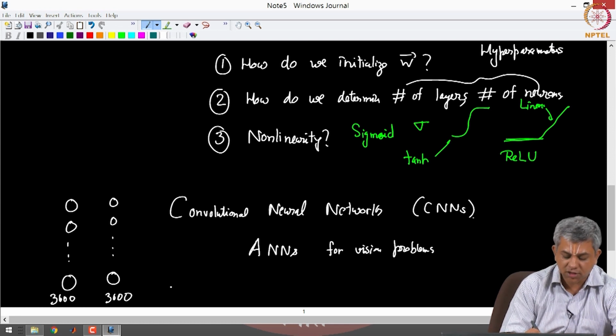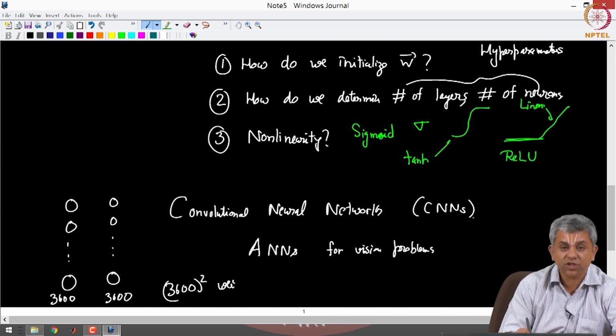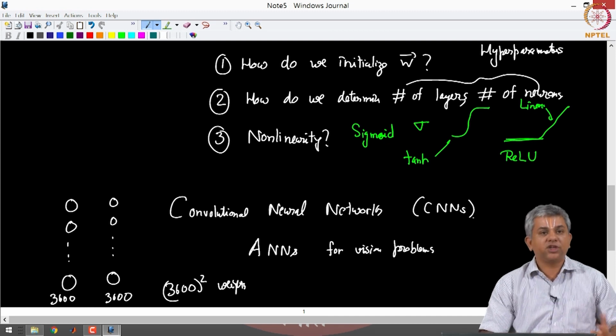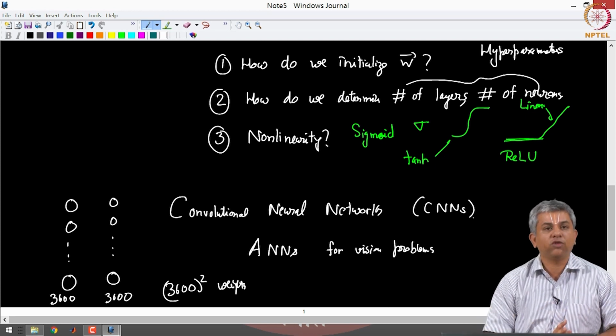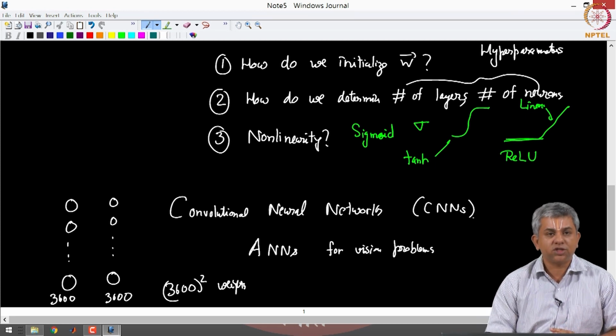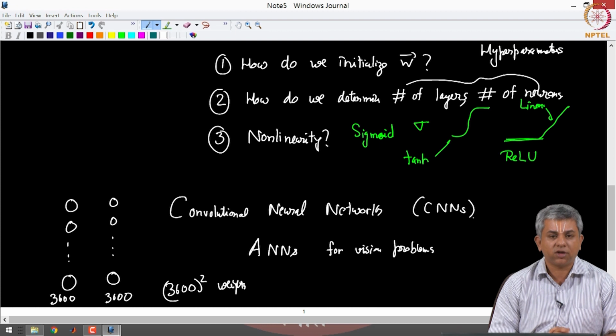So, you can see that this is 3600 square weights already, which is a huge number of weights, and vision problems deal with large images. So, you will have very large features, which means you have to deal with a huge number of weights. So, instead of doing that, a trick is to use what is known as convolutional neural networks. We will start seeing that from next week. Thank you.